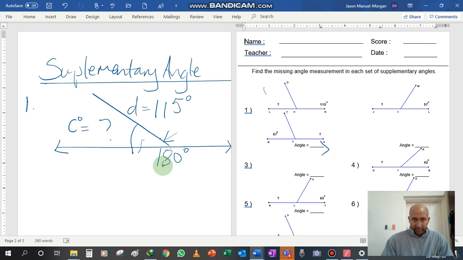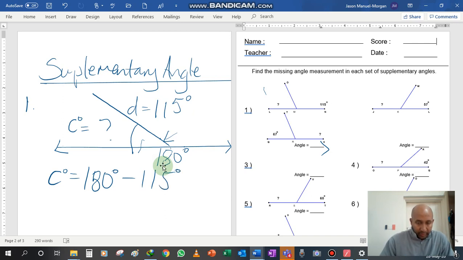So in order to find out the unknown, we do the reverse. In this case, it's going to be a subtraction sum. So angle C is going to simply be 180 degrees minus 115 degrees, and that will equal 65 degrees. So angle C here is 65 degrees.